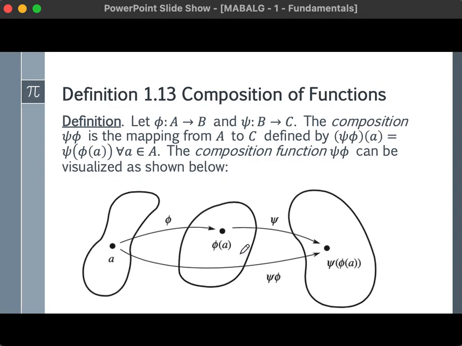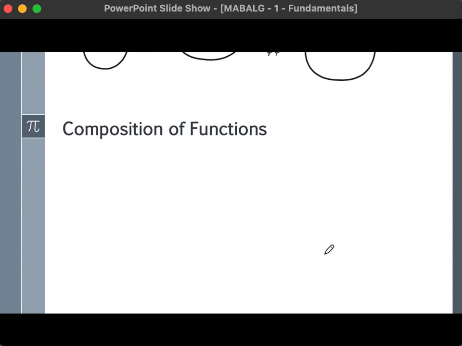First we have an element a, which is mapped by phi to phi of a. Then this is mapped by psi, giving psi of phi of a. So in short, a is first acted on by phi and then by psi.